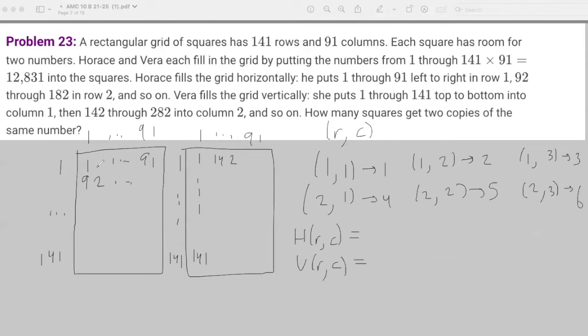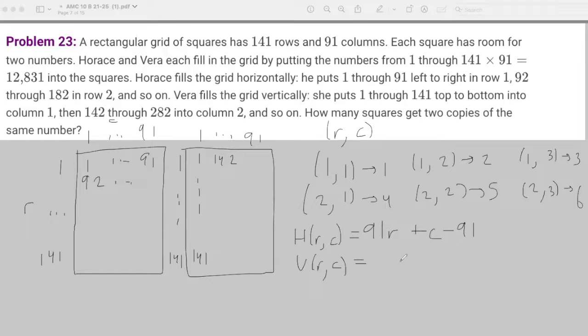So H of R comma C, what's happening here? Remember these are the R values, these are the C values. Every time we increase R by 1, the value in the grid goes up by 91. So we have 91R. And then every time we increase the C value, the entry in that square goes up by 1. So it's 91R plus C. And then we just have to subtract 91 in order to make the 1 entry a 1.